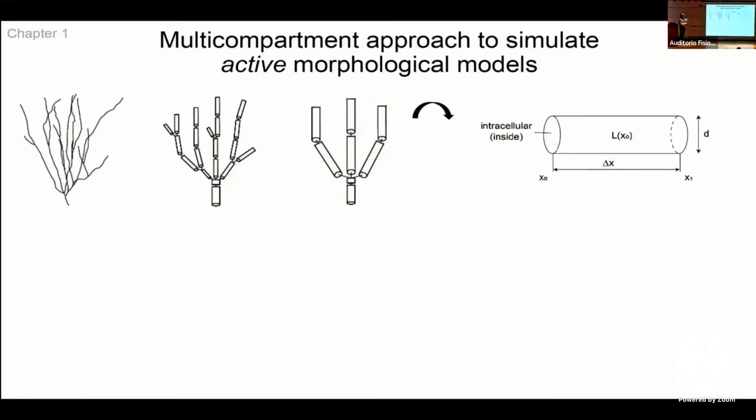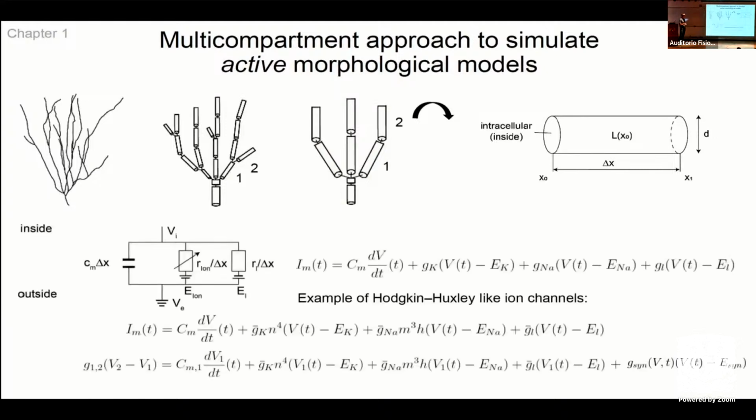And then what the model does is to make discrete compartments out of these dendrites in the form of cylinders. You can have very small cylinder sizes, but you can also have a sort of coarse graining and very big cylinders.